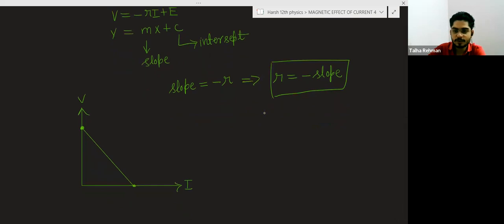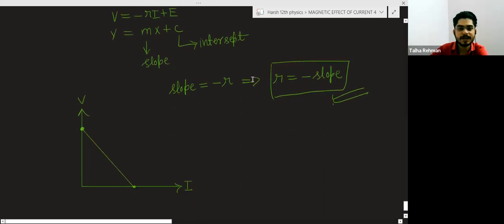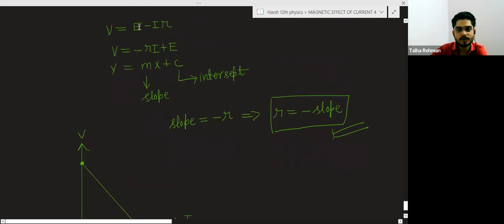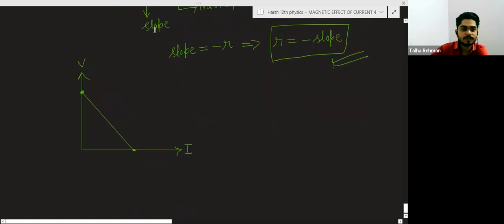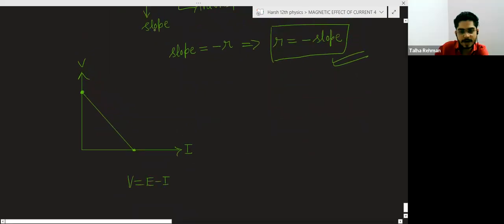So they are asking how you will find the internal resistance and the EMF. The EMF we can find easily from this equation. Put the value of current equal to 0 in V is equal to E minus Ir.